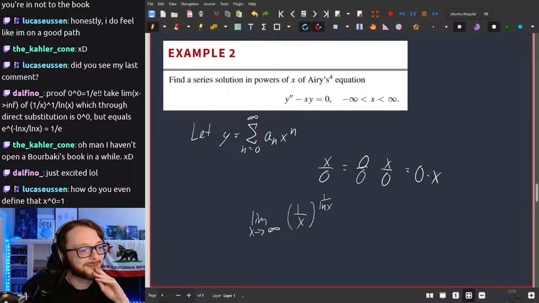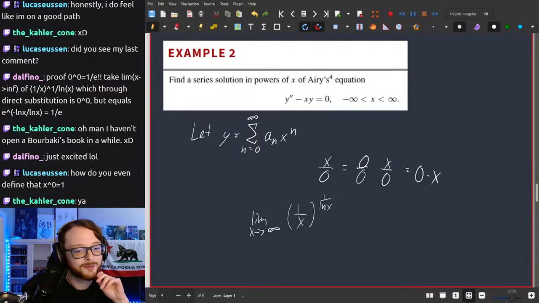Just excited, okay. I love it. Bourbaki's book? Oh, is that a Bourbaki's book? Dang. Through direct substitution is 0 to the 0. Is it? Oh, okay, yeah, no, I assume it was 0 to the 0. But it equals e to the minus ln x over ln x, which is 1 over e.